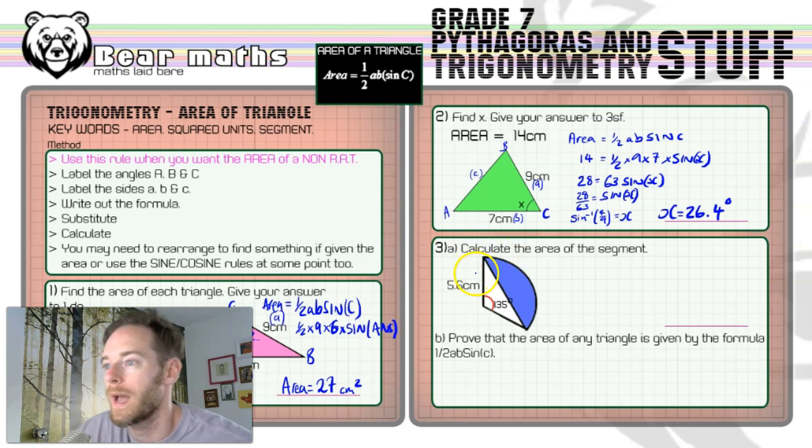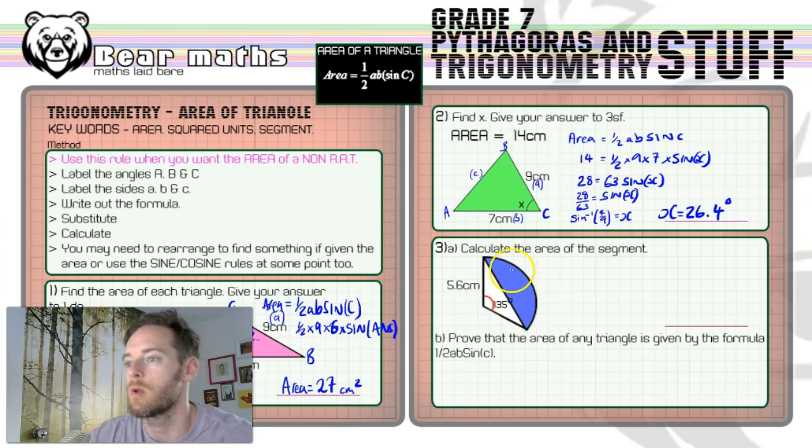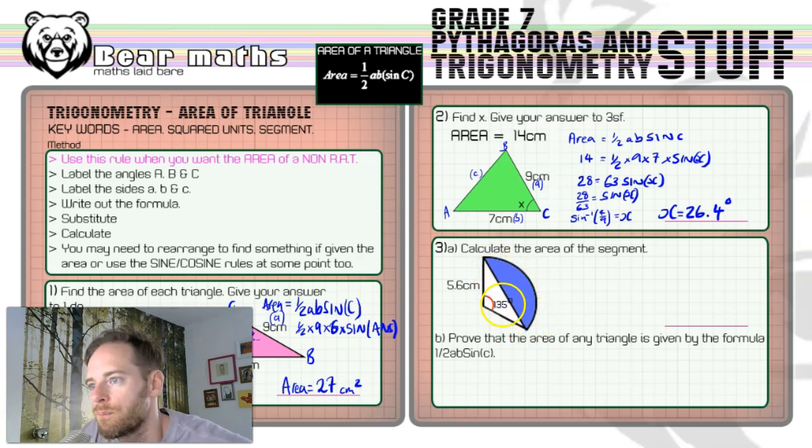Question number 3 A, we've got to calculate the area of the segment. Now the segment is the blue bit of this sector. This is what we'd call this part of a circle, we'd call it a sector. And to work out the area of a sector, the whole thing, which is what we do need to know how to do, it's just the angle at the centre out of 360 and then use the formula for the area of a circle. So that's 135 out of 360 multiplied by pi multiplied by the radius squared.